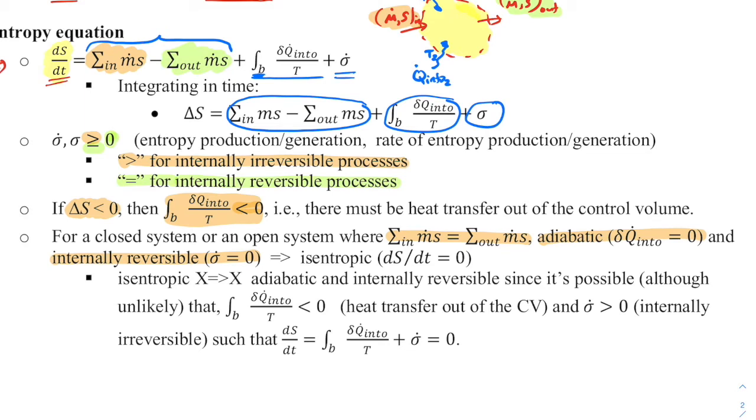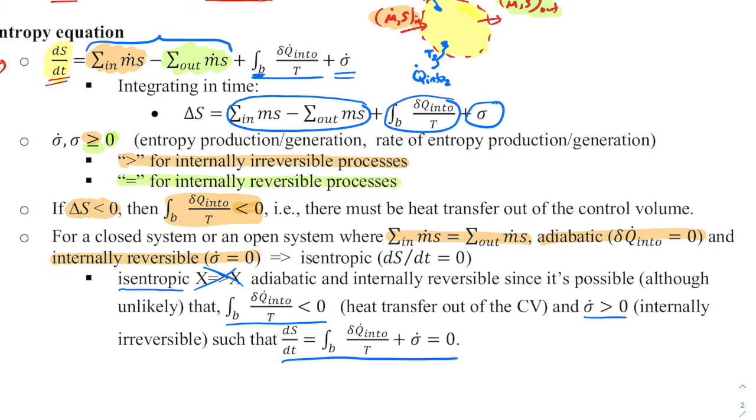Now the opposite is not true, and I've talked about this before. If you have an isentropic process, it does not imply that you must have an adiabatic and internally reversible process. It's possible, although very unlikely, that you could have a negative heat transfer term, so heat's going out of your control volume, and a positive entropy generation term, so that it's internally irreversible, and it just so happens that those two add up together to cancel one another out and give you an isentropic process.